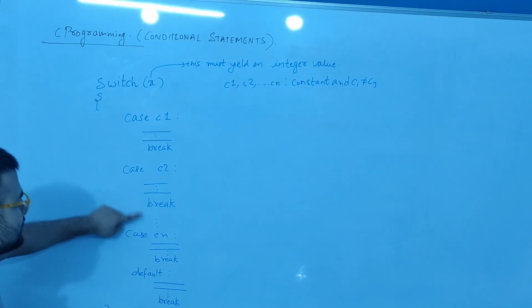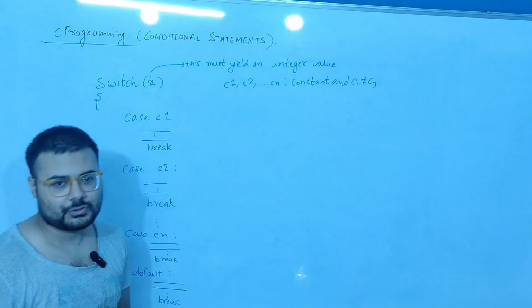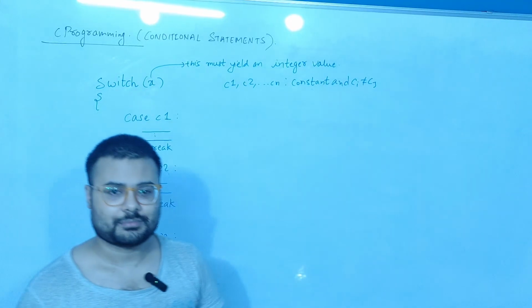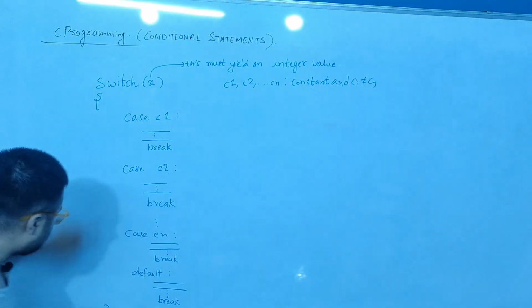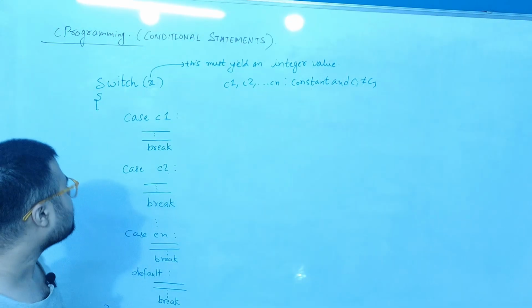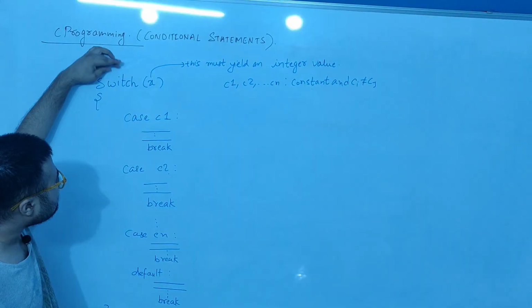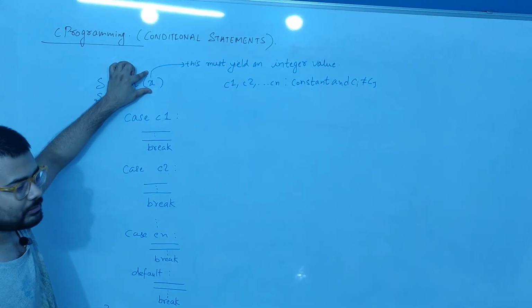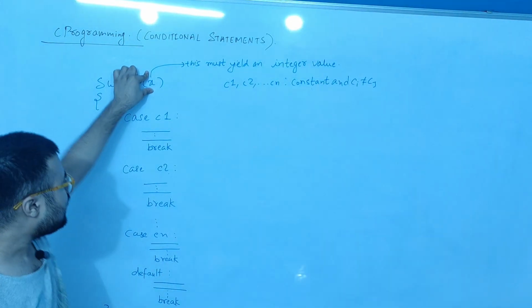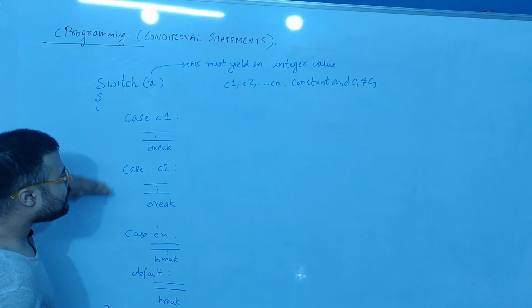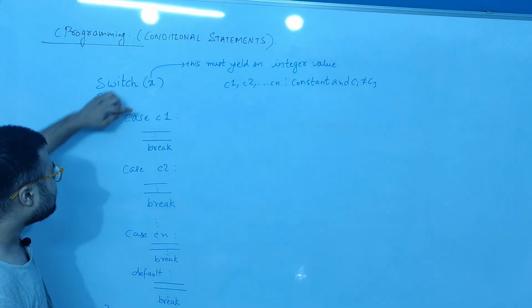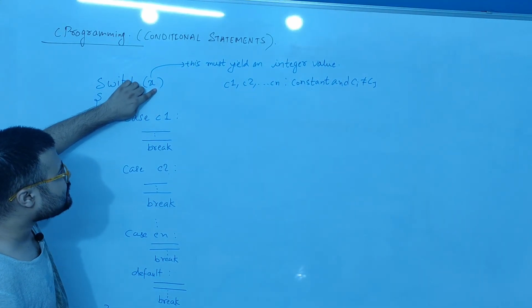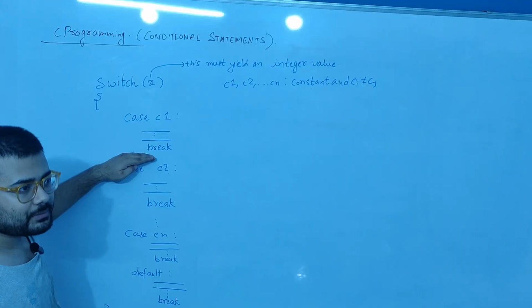Now what are these break statements for? The break statement is to come out of the whole switch block. So how it works is this: in the switch statement you have an integer value. Now it will go case by case. If C1 does not match, then these statements will not be executed.